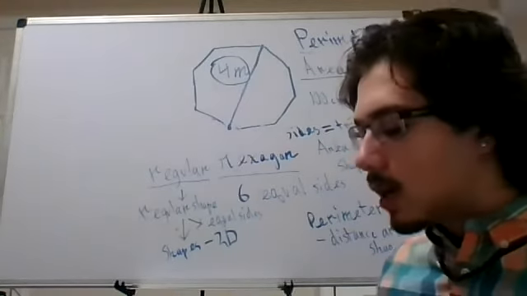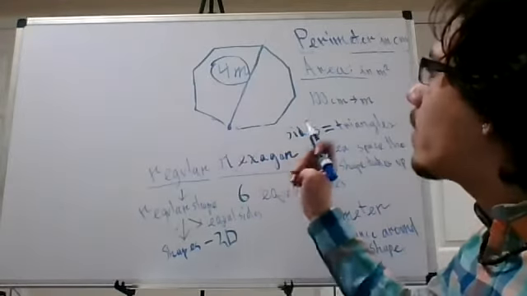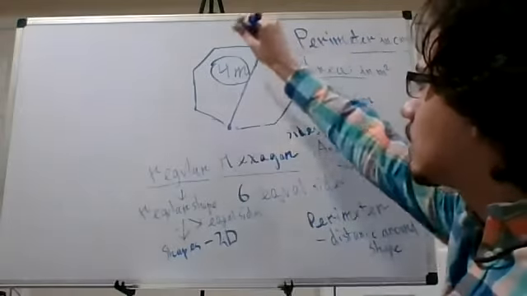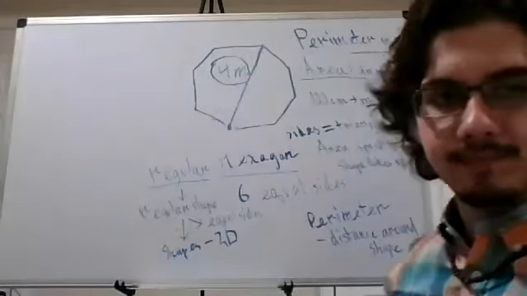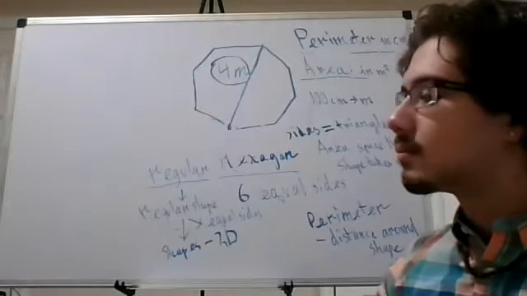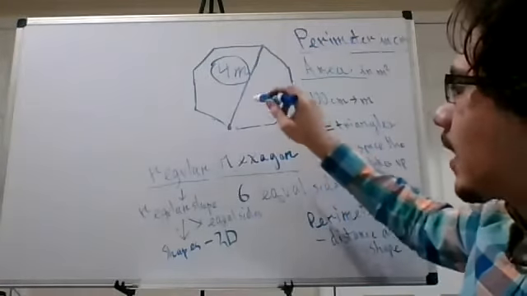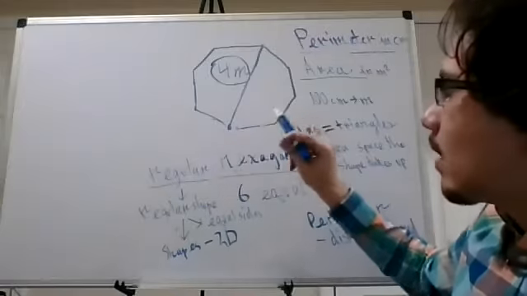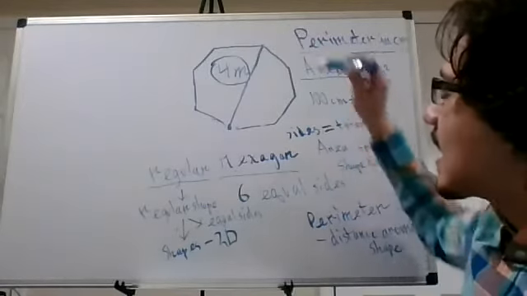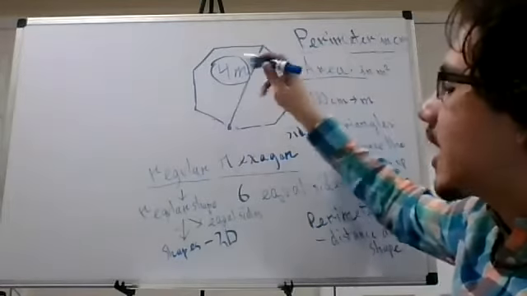So could somebody draw on their paper how we would fit 6 triangles into a hexagon? It has 6 sides. Could you repeat that again? That's fine. So we know that for any regular shape, we can fit as many triangles inside the shape as it has sides.